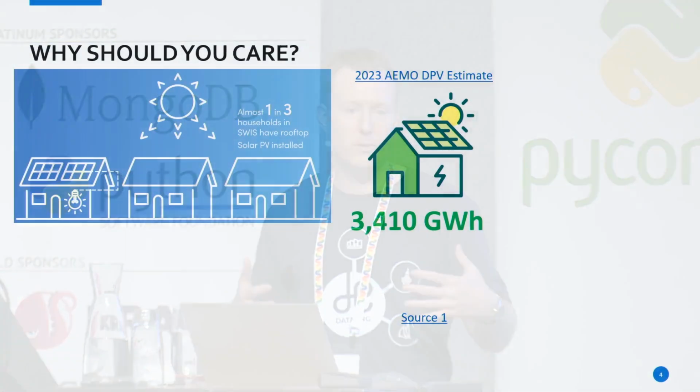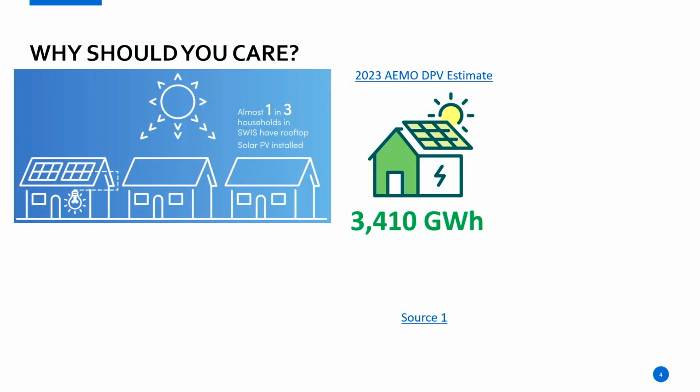And just to give you a figure for how much solar energy was generated in calendar year 2023, taking some numbers from the market operator, AEMO, and running a small calculation on that, it comes out to a little bit over 3,000 gigawatt hours.